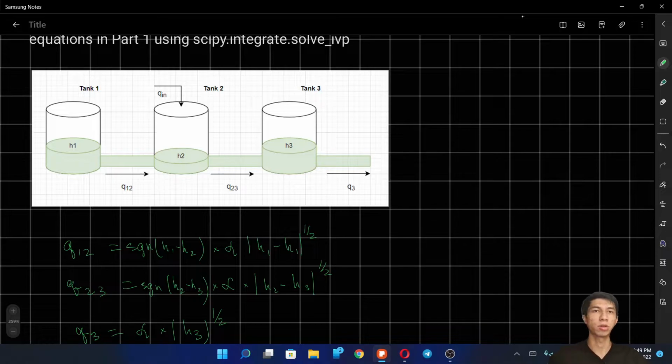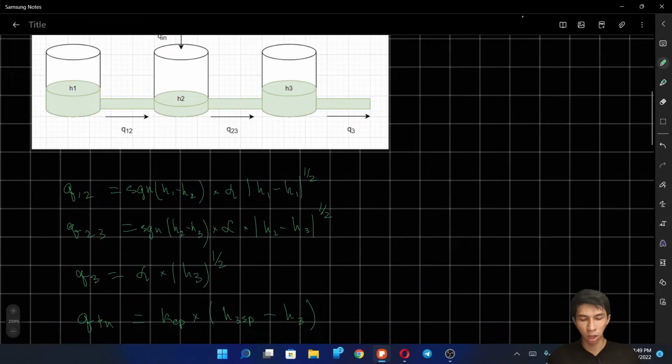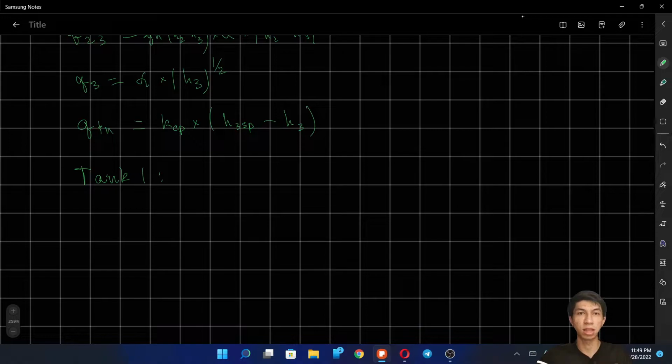Since the volume is equal to cross-sectional area multiplied by height, the height of the fluid is going to change. So we can represent the change in tank 1 as the cross-sectional area of tank 1 multiplied by dH1 over dt, the change of height in tank 1 with time.